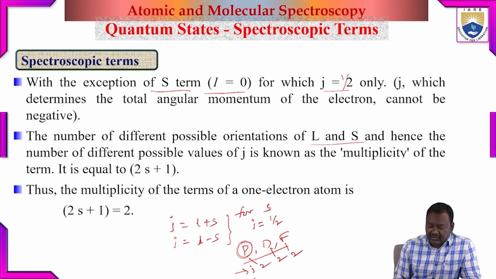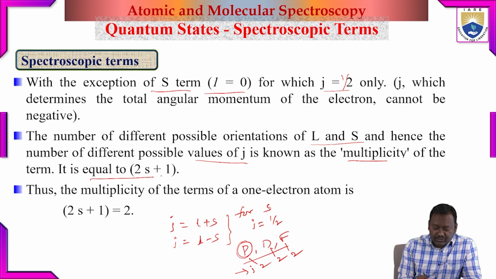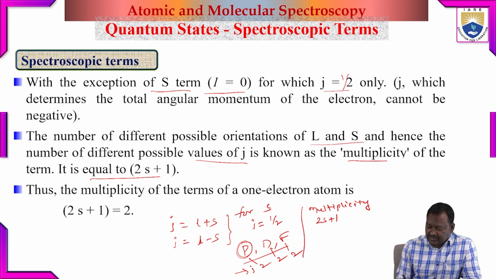So the number of different possible J values is called the multiplicity of the term. It is equal to 2S plus 1. It depends on the S value. So the multiplicity is given by 2S plus 1.